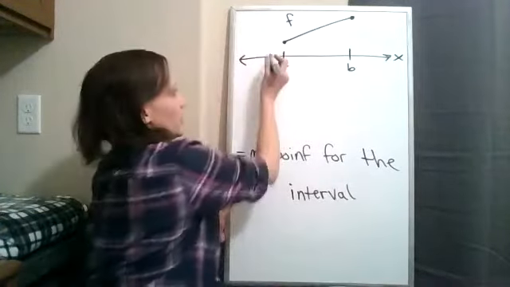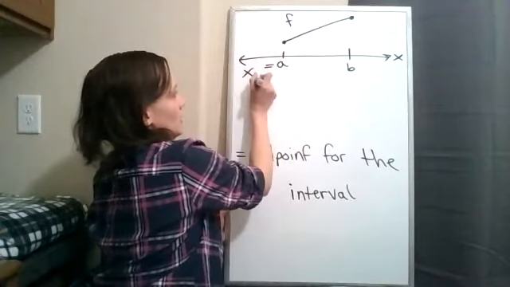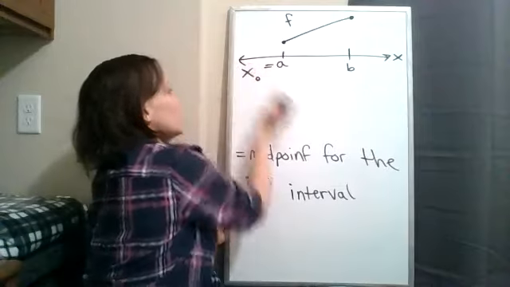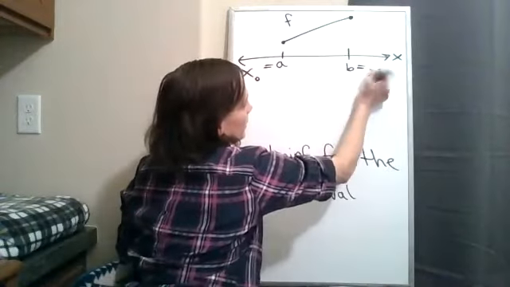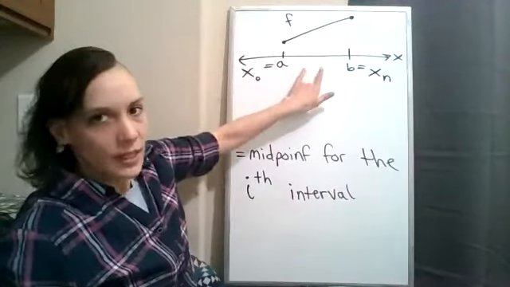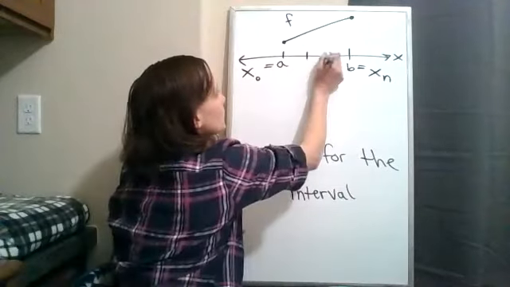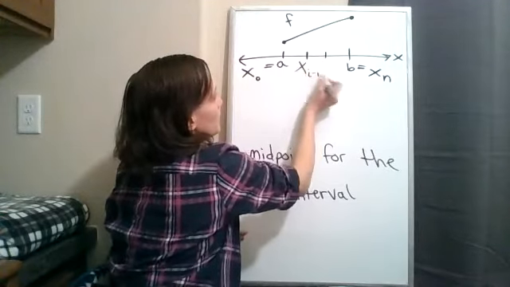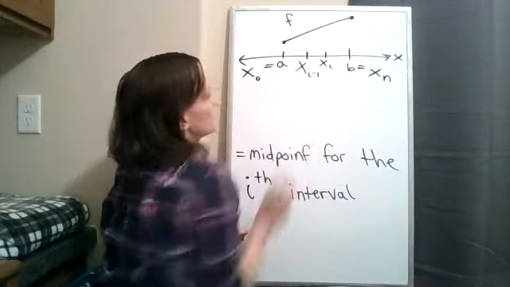We call the first value x naught, x with a subscript 0. The last one's going to be x sub n. Let's say we have an interval right here from x sub i minus 1 to x sub i.